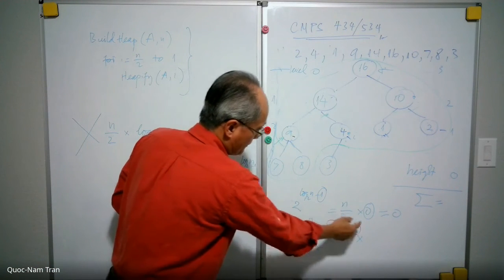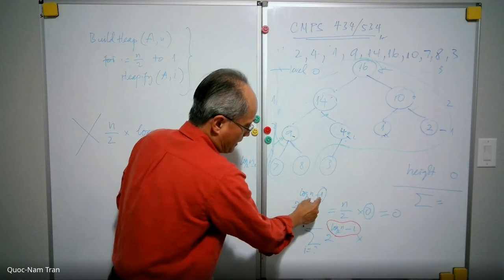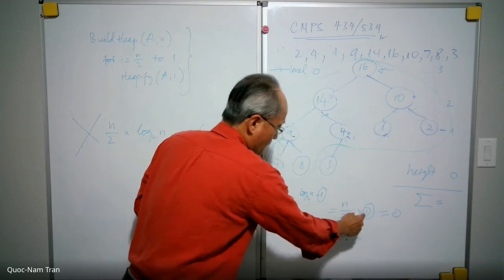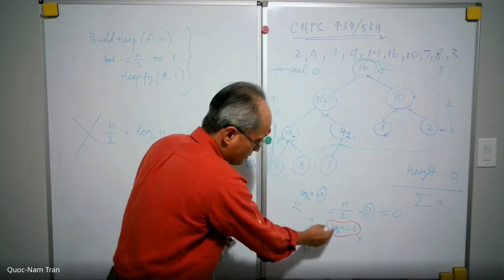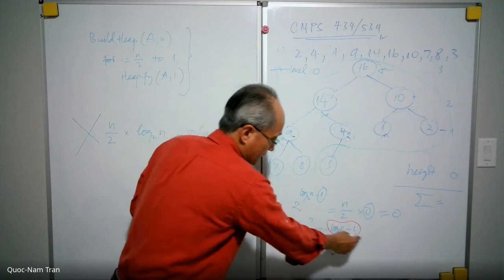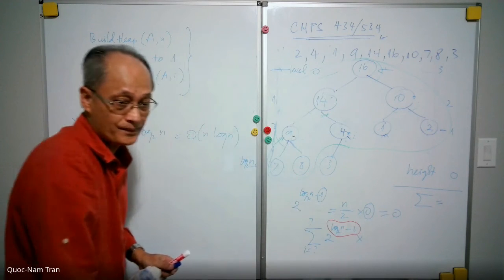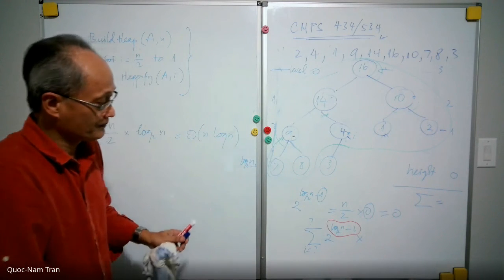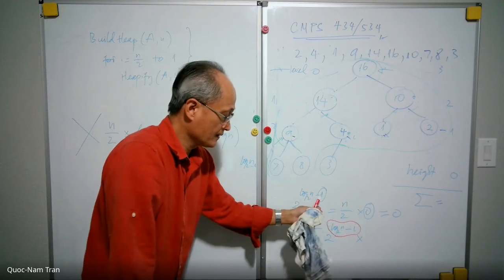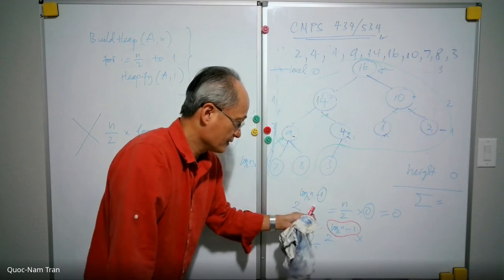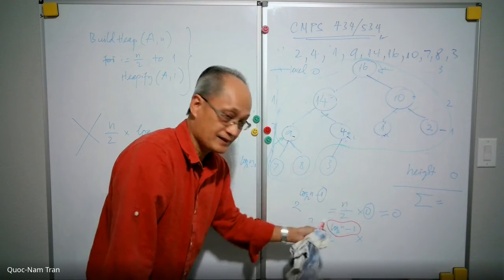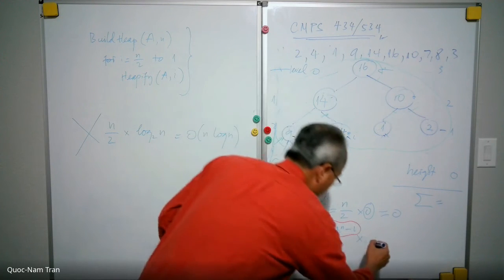Remember that here you have minus 1, then we have 0, minus 2, we have 1, right? So here you have minus i, then what we have? One less, right? So we have i minus 1.